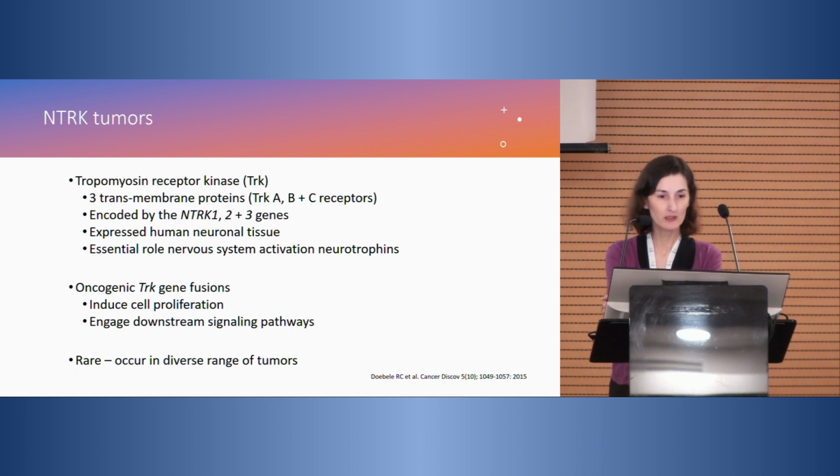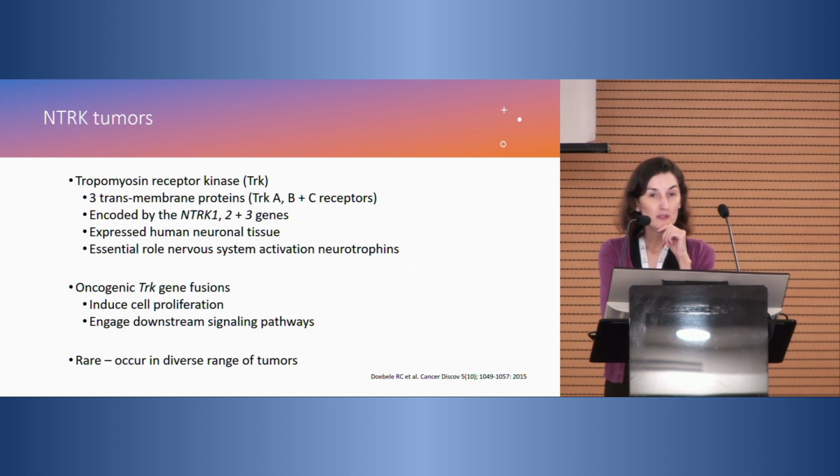So what is a TRK? It stands for tropomyosin receptor kinase, which is a complicated name for a protein that is actually expressed in healthy tissue. It's expressed in human neuronal tissue, but when it goes through a mutation, a fusion, it changes its function, and it then leads to cell proliferation, which then causes cancer.